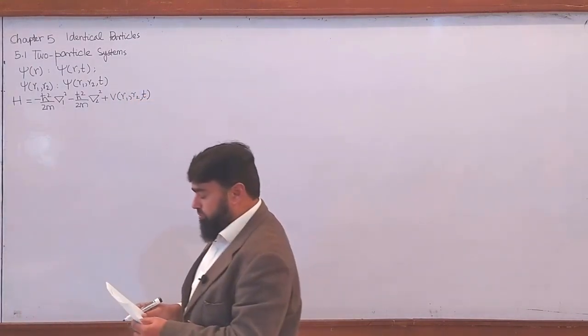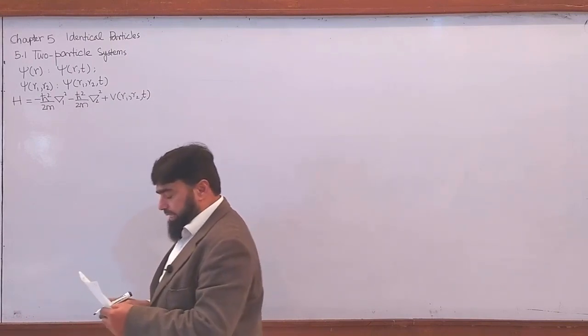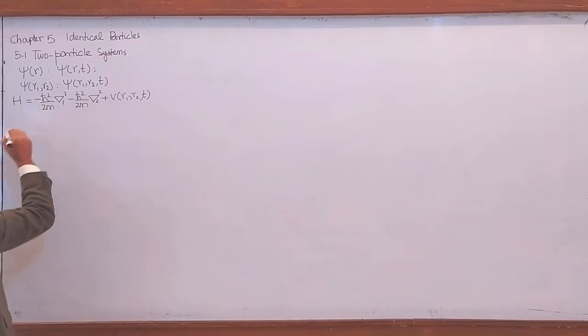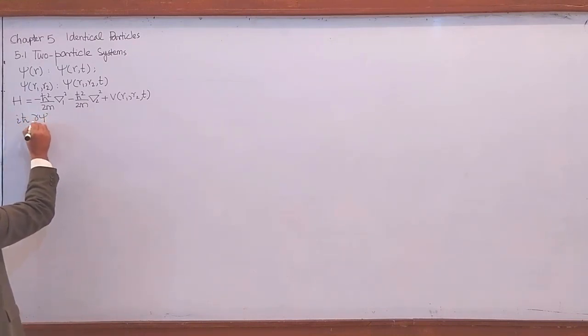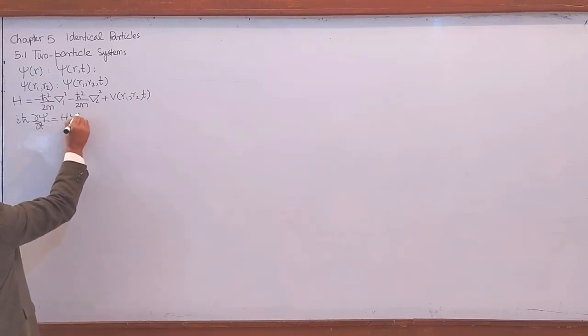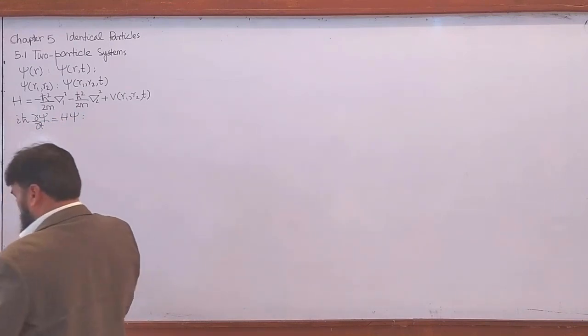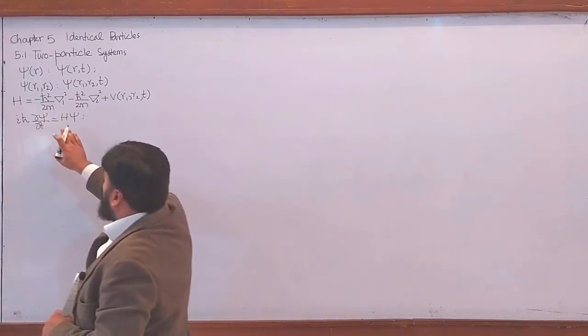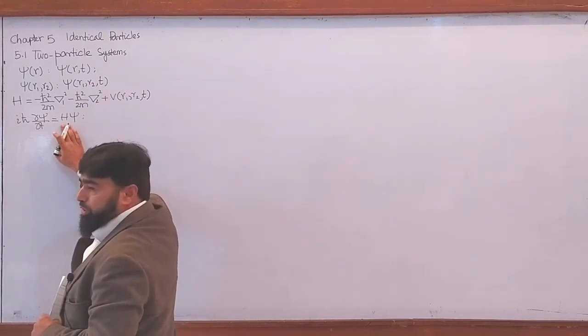So the potential for both. And this means we will be solving the Schrödinger wave equation, i h bar del psi over del t, equal to H psi. And this is the time-dependent Schrödinger wave equation.